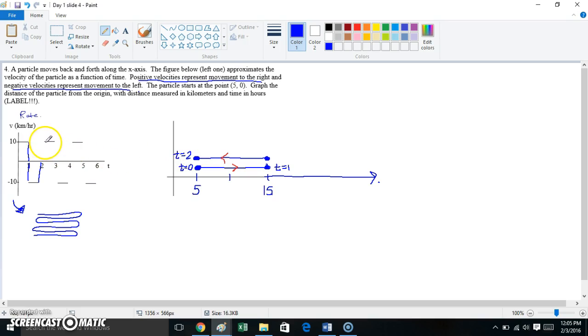Okay, it appears that between 2 and 3 we're going to move 10 units to the right, 3 and 4, 10 units to the left, 4 and 5, 10 units to the right, 5 and 6, 10 units to the left. So the object is just bouncing back and forth. 10 kilometers to the right, 10 kilometers to the left.